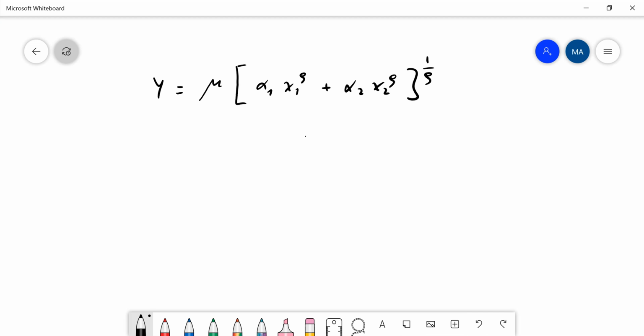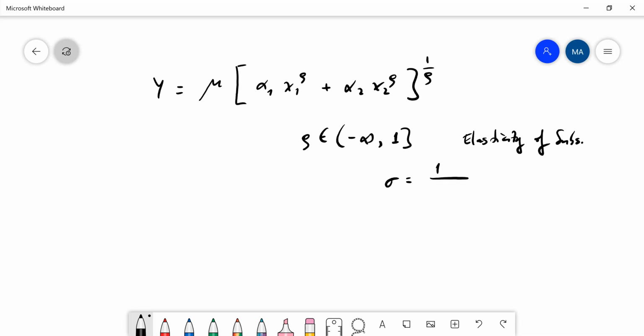Here rho is the parameter that takes values from minus infinity to 1, and it determines the elasticity of substitution. The elasticity of substitution is sigma, and it is equal to 1 over 1 minus rho.